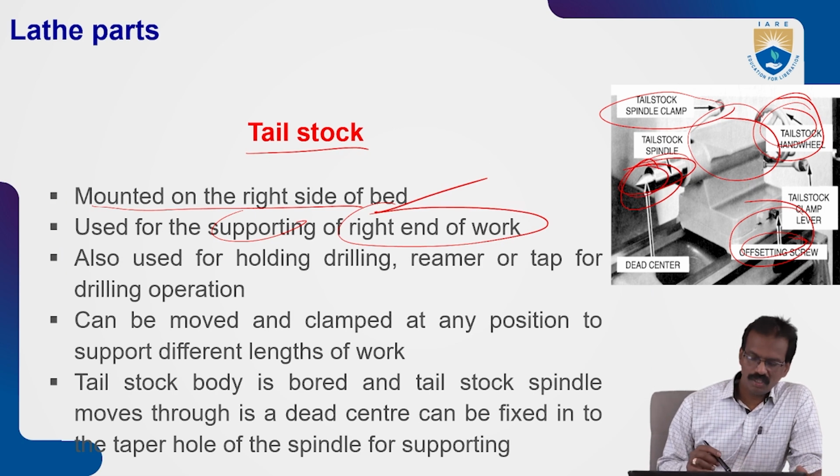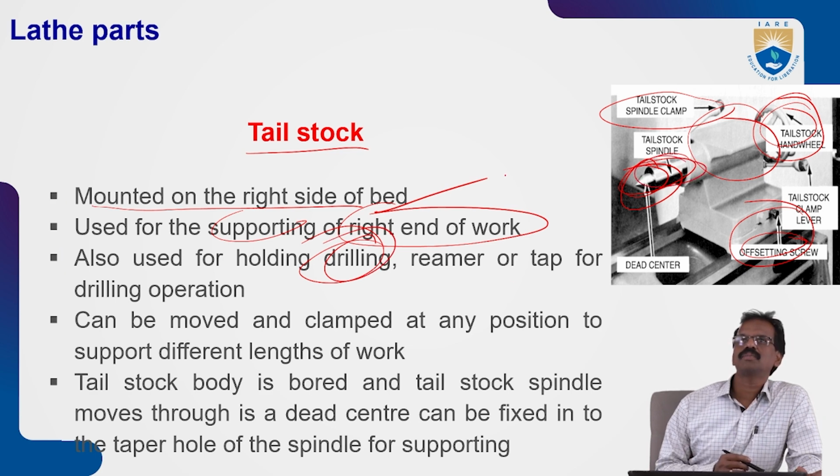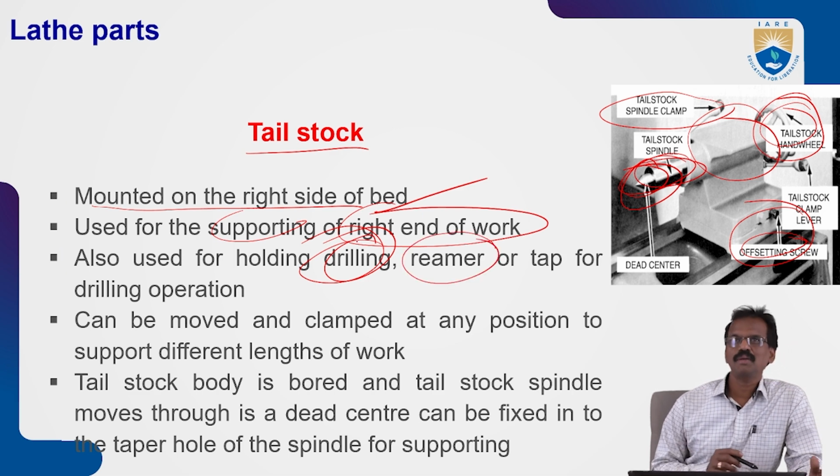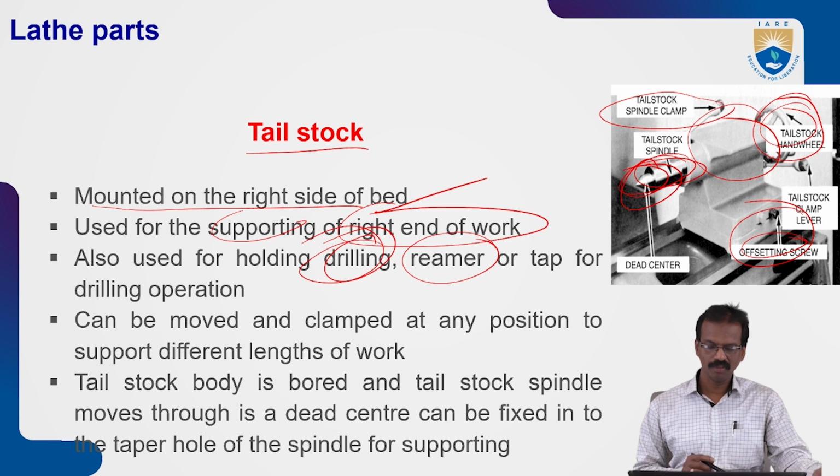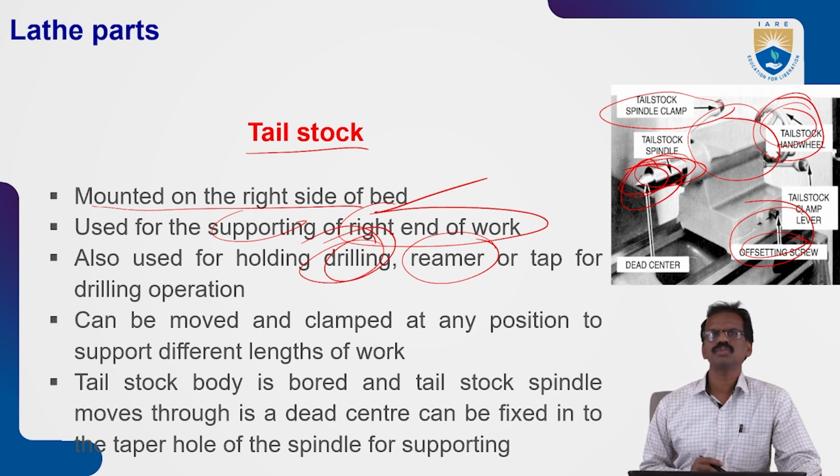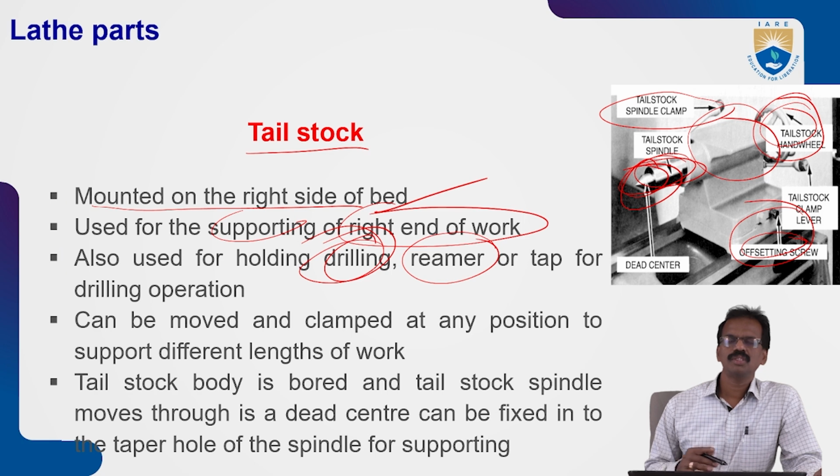It is also used to hold different types of tool bits, like drilling tool bits in place of the dead center tool bit in the dead center spindle. We can also use reamers for reaming, and tools for tapping, drilling, and boring.